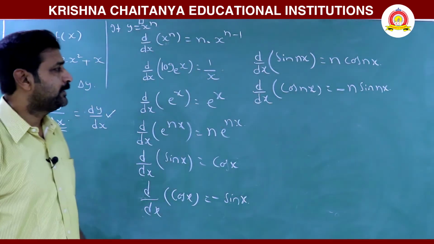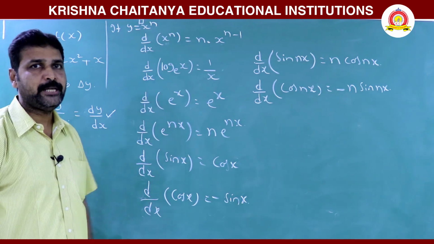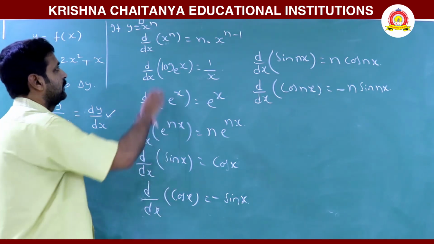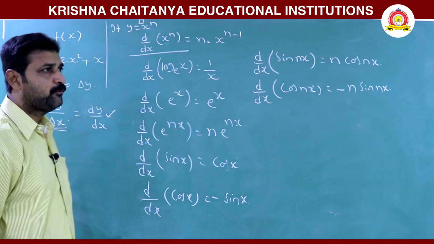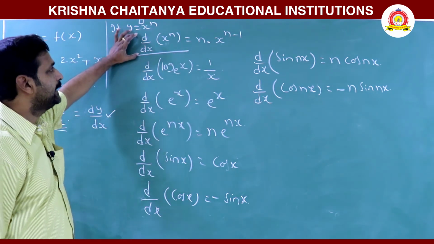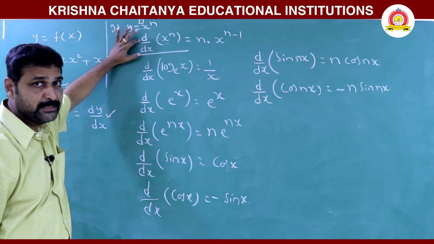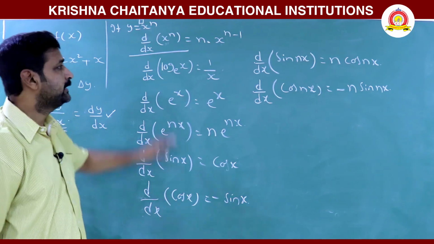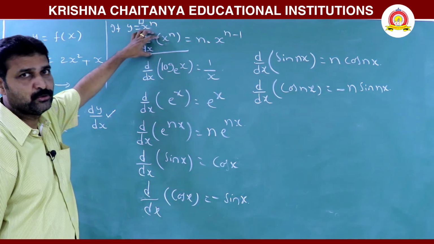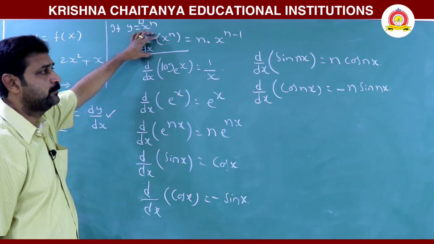So you should remember all these formulae. In your first year intermediate, the number of times repeating formula is d by dx of x power n is equal to n into x power n minus 1. This is the most important one to solve our physics problems.